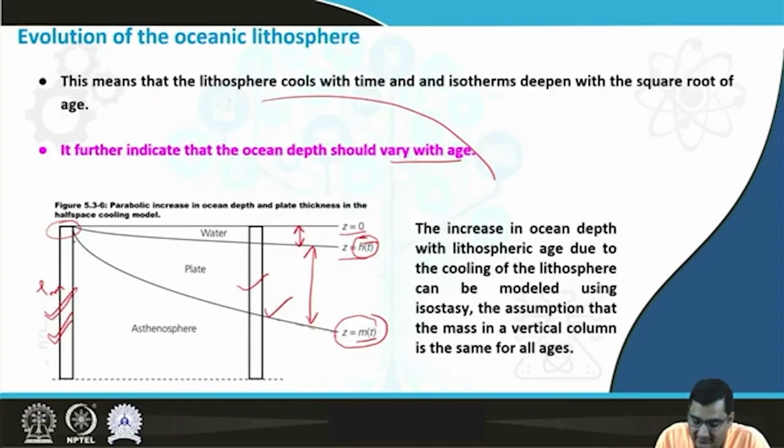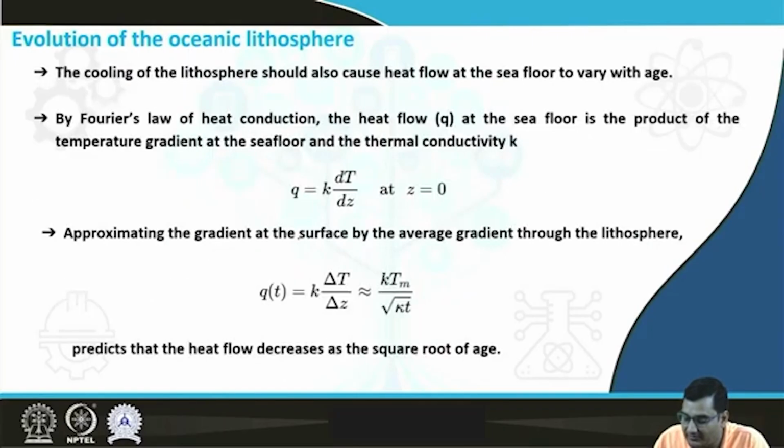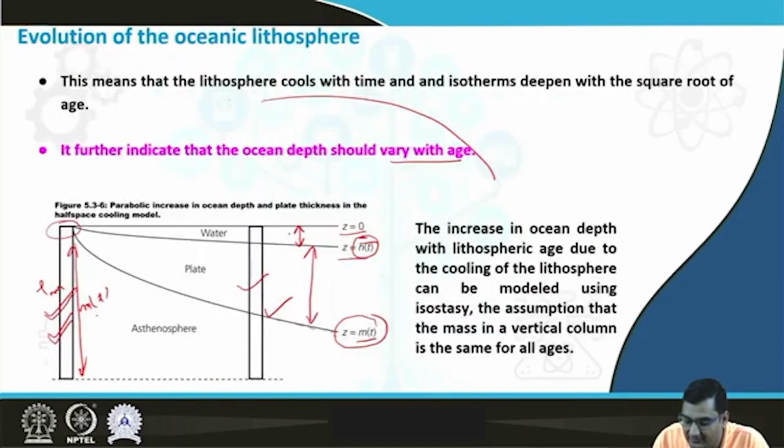So rho m times m(t) will be equal to rho w times h(t), which is the mass of the water in this particular column, plus the mass of the plate in this particular column.